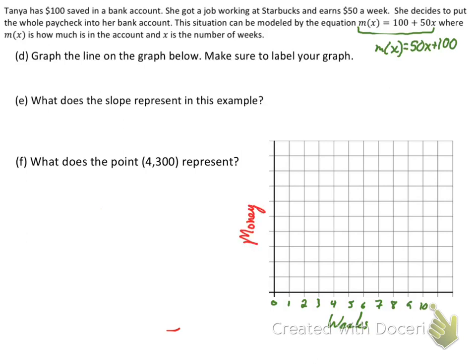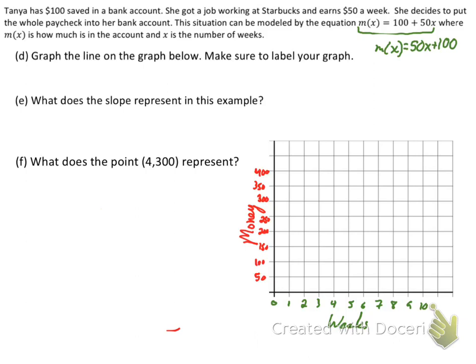Okay. I start at 100. And I go up by 50 each time. So I'm going to have this scale be by 50. 100, 350, 400, so on and so forth. So now I just need to plot my points, okay?